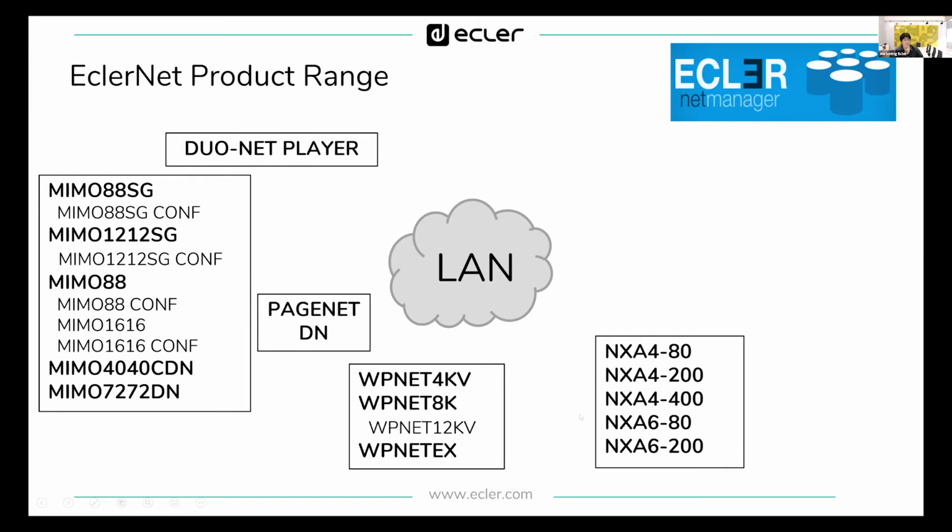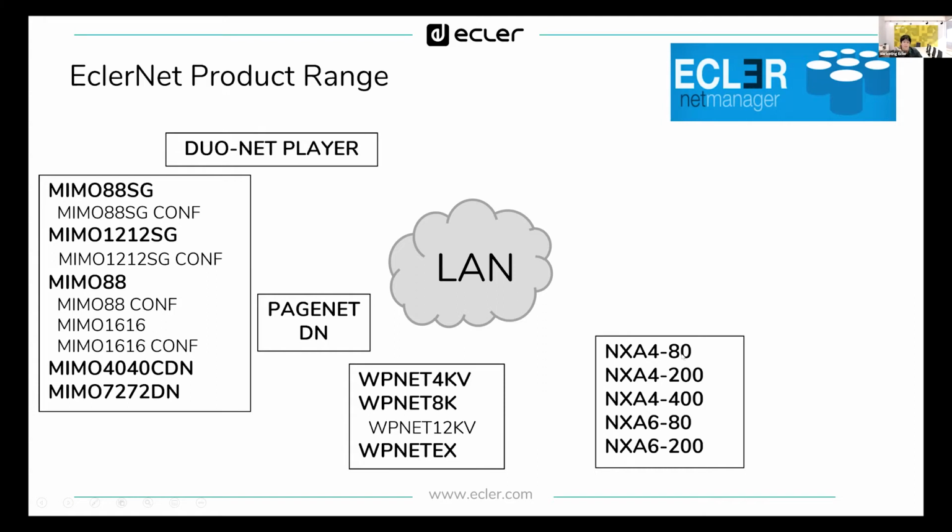We will also see the amplifiers, the NXA, okay, with different wattages, powers, and different channels, 4 channels, 6 channels. For example, this one, 80 watts per channel at 4 ohm.